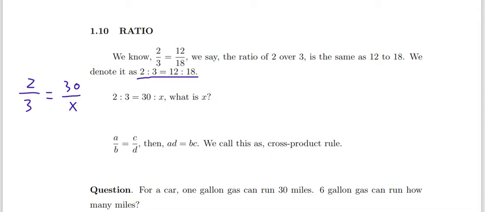So we use cross product: 2x equals 3 times 30, right? We can also say that inside multiplied, 3 times 30, equals outside multiplied, 2 times x.